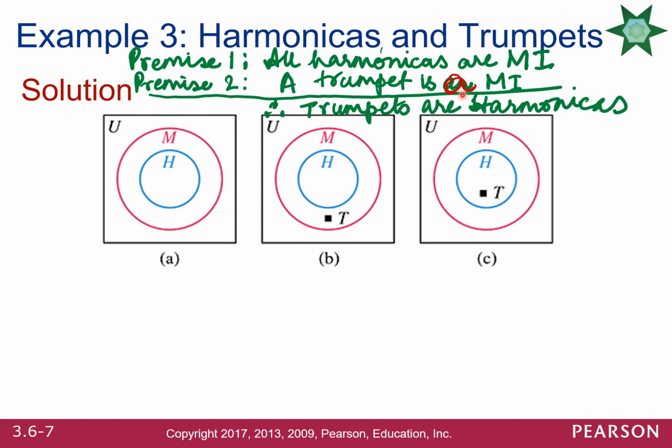It doesn't say whether it is also a harmonica or not, correct? Therefore, we have to place this dot T outside the set of harmonicas. It is within the set of musical instruments, but nowhere in the premises does it state that trumpets are also harmonicas. Therefore, it has to be placed outside the circle of harmonicas.